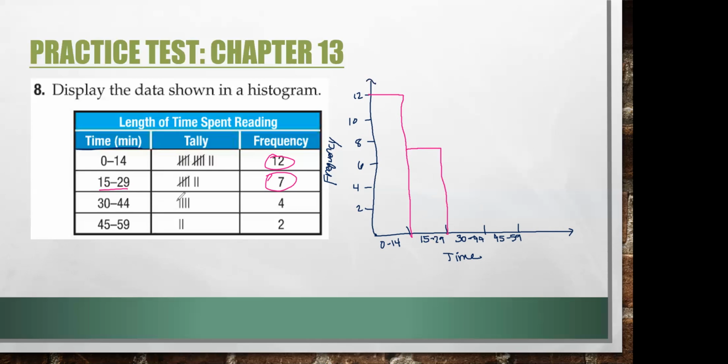And then 30 to 44, there's 4. That's here. And then 45 to 59 is 2. That's here. Okay. And this is the length of time spent reading. So obviously the higher the value, the fewer people that read so much, right? All right, and then there is your histogram.